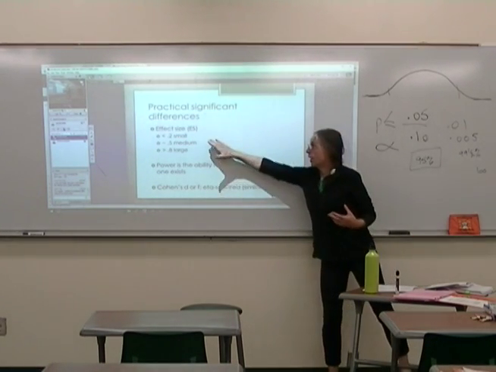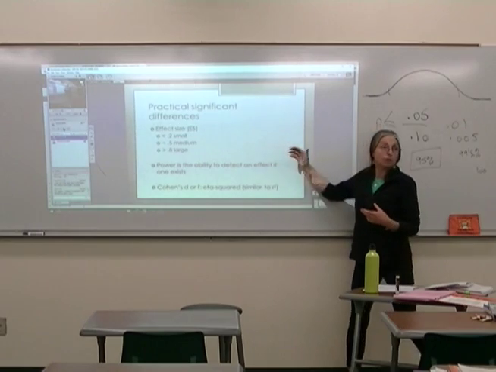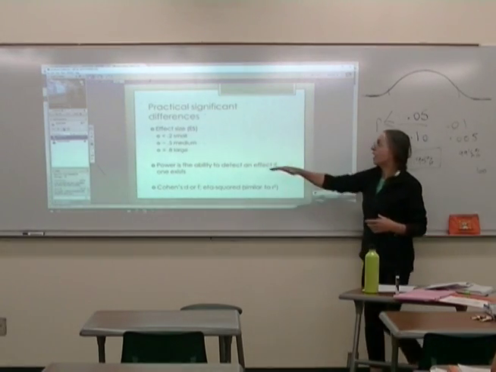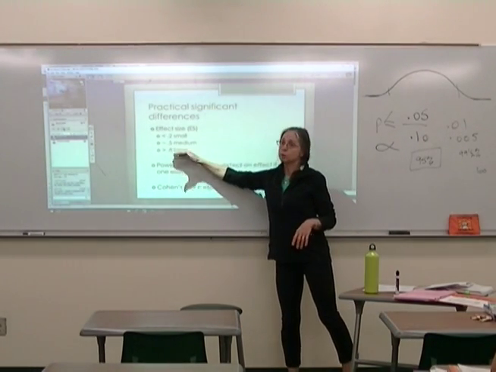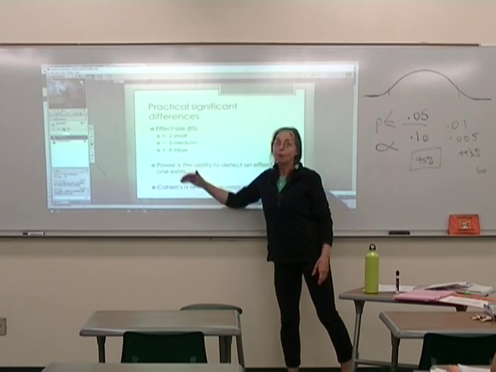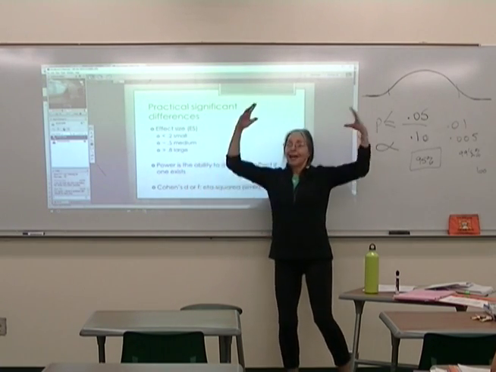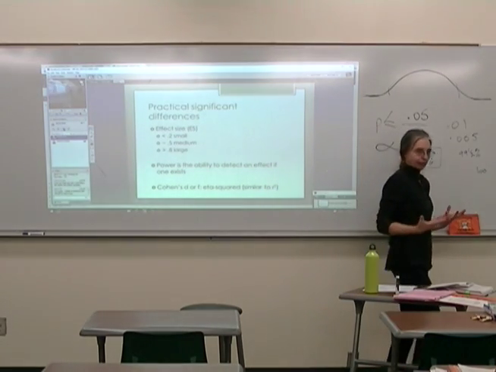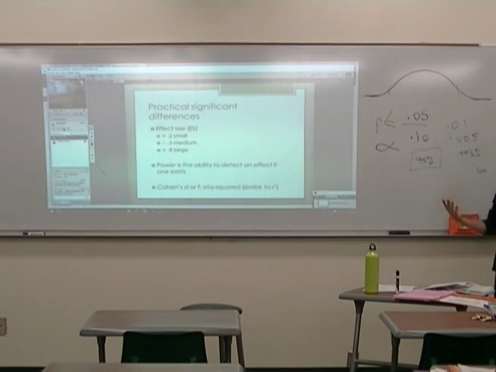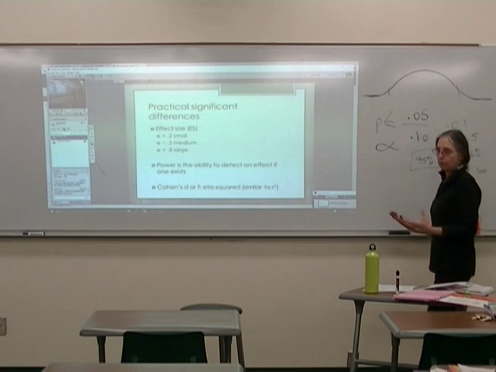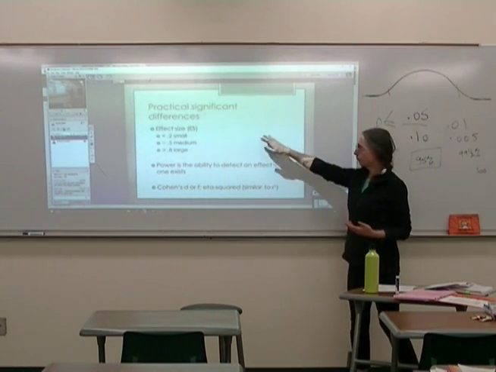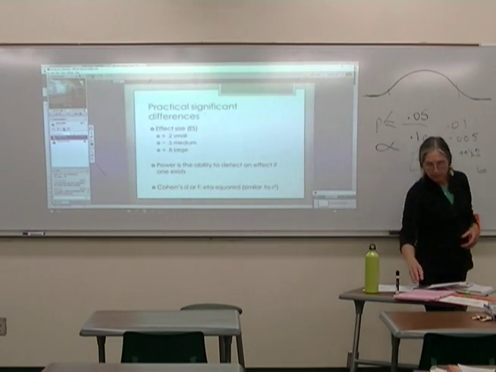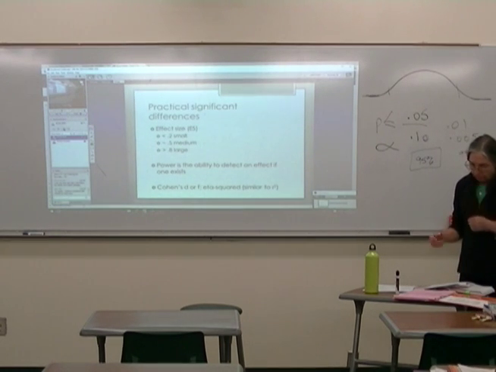Or they may say P was less than 0.05 and our effect size was 0.84, which is huge, and this study's really, really, really cool and important, right? It will make a massive difference to your training program. Okay? Effect size.